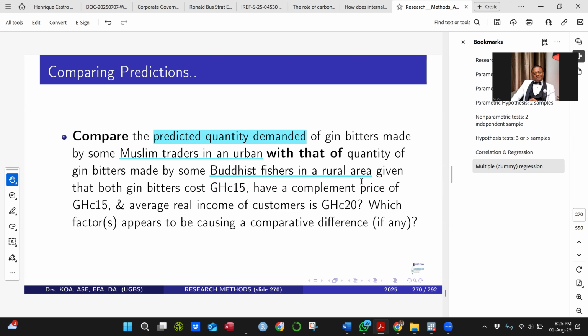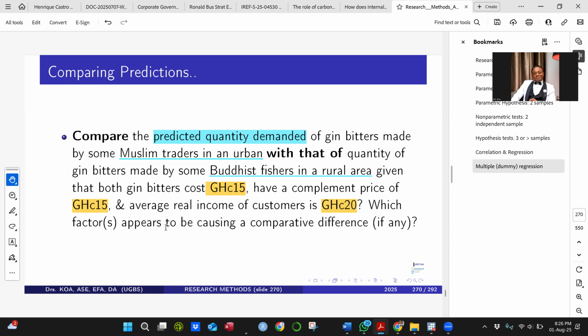In both cases, the gin bitter costs 15 cedis. So whether it is by the Muslims or the Buddhists, the price of the gin bitter costs 15. In both cases, they have a complement price, which is 15. And also the income is 20.